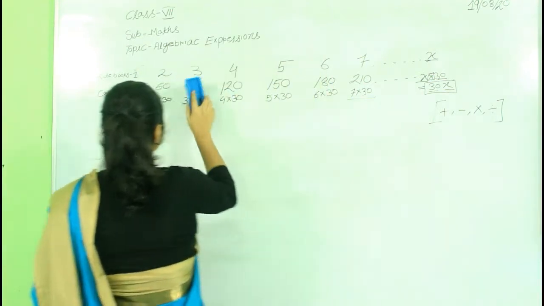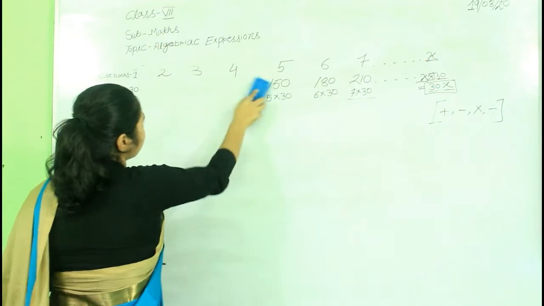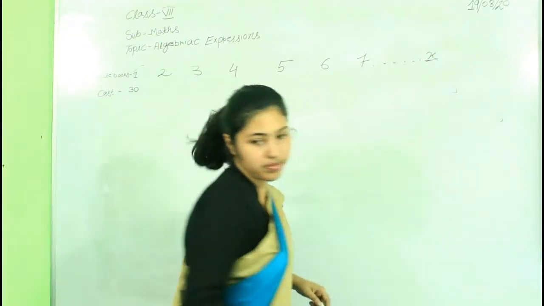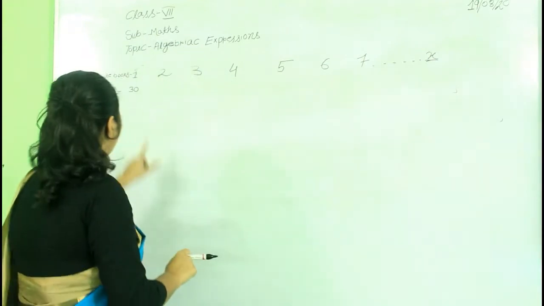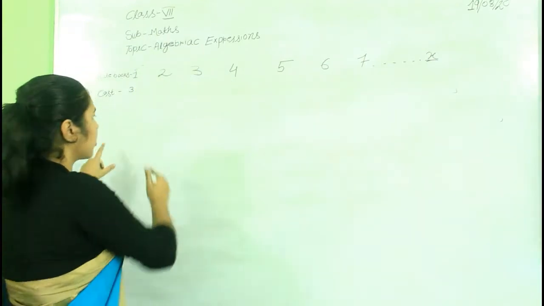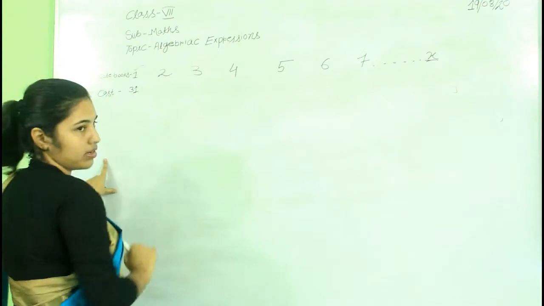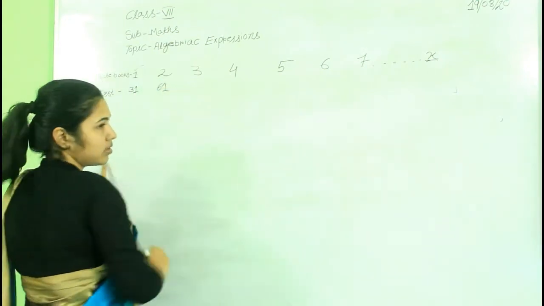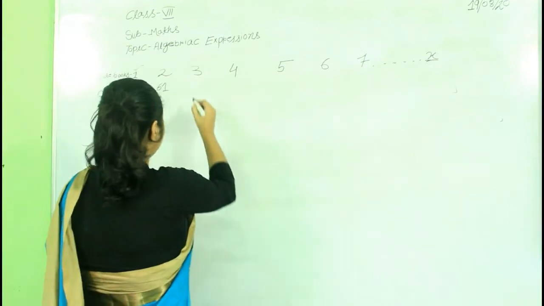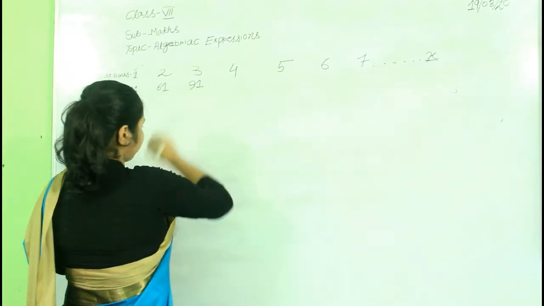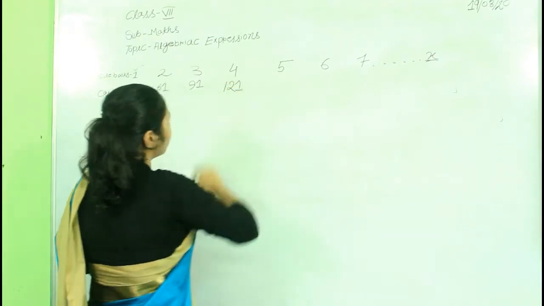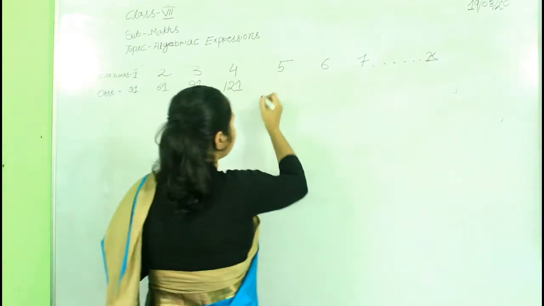Now suppose cost of one notebook is 31. Cost of two notebooks is 61. Cost of three notebooks is 91. Okay? Again 121.